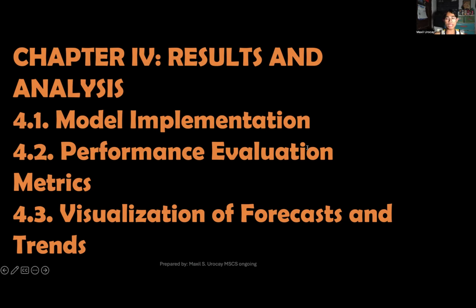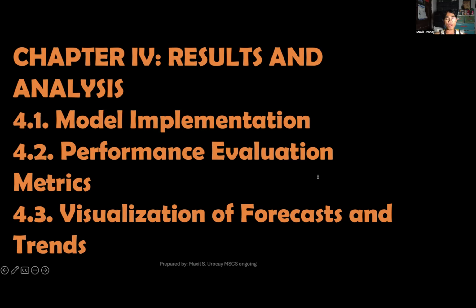Then you have to present the formula for each metric, like the mean absolute percentage error, the MAPE, the root mean square error, the RMSE, or the mean absolute error, the MAE, and you have to justify your choice of accuracy metrics based on the nature of your data and the objective of your forecast.